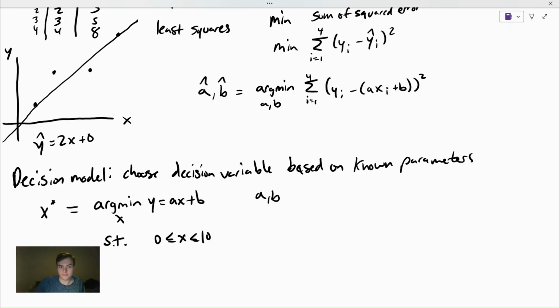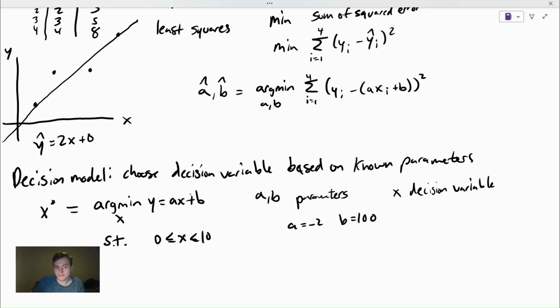But basically, a and b are no longer the parameters to be estimated. They're known parameters. And x is the decision variable that is being changed. We don't have a data set of known x values. But if we have an a value and a b value, for example these, we know what the optimal x is by solving this optimization problem.